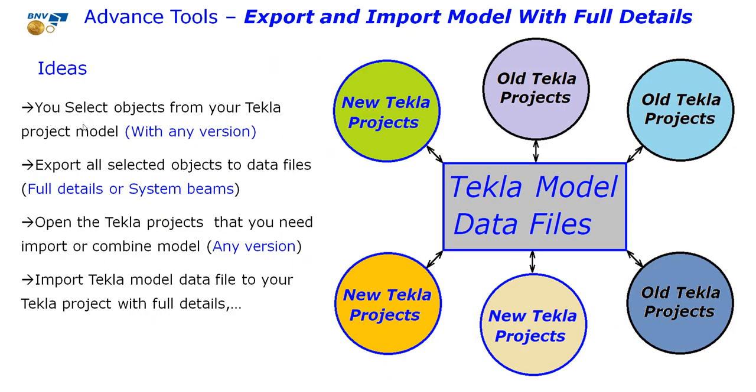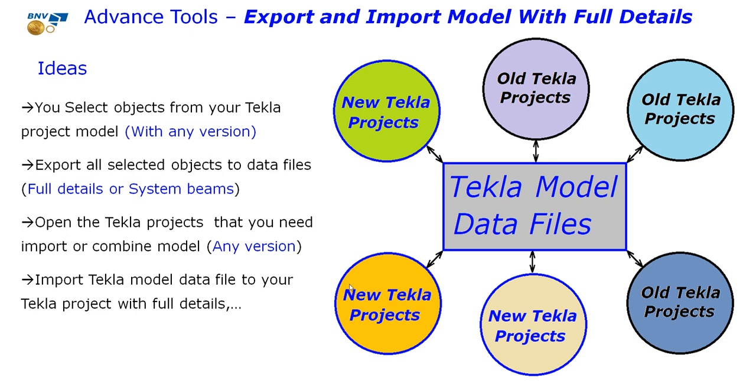The idea: you select objects from your Tekla model with any version and you export the selected objects to a data file with full detail or system beam. You open the Tekla project that you need to import or combine the model with, in any version, and import the Tekla model data file to your Tekla project with full detail.